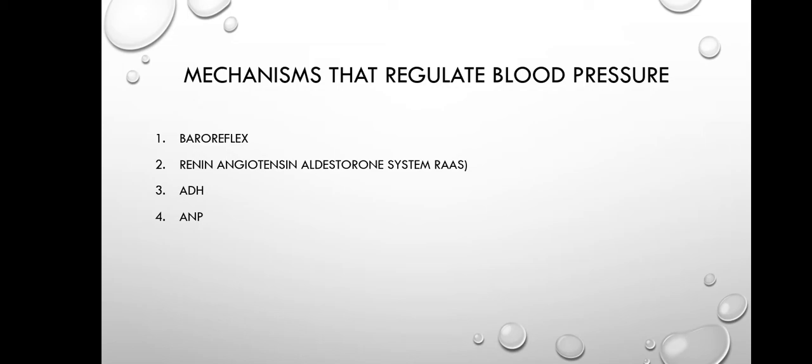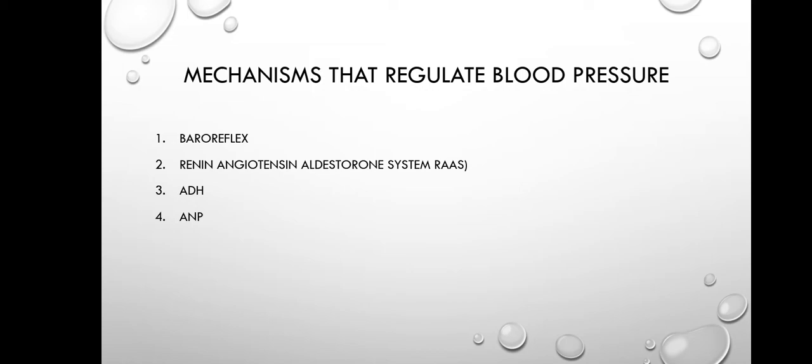So the carotid sinuses detect increased pressure through the glossopharyngeal nerves, and the impulse goes to the medulla. In the aortic arch, it goes through the vagus nerve to the medulla. In the medulla, there will be suppression of sympathetic output and an increase in the parasympathetic output. This increase in parasympathetic output will cause a decrease in heart rate and a decrease in contractility.